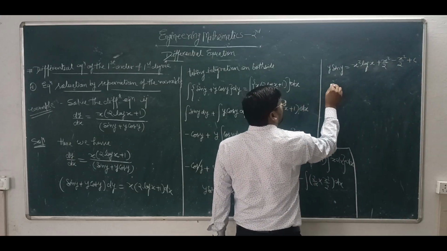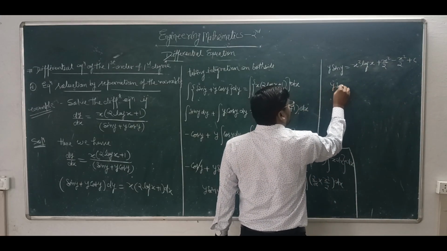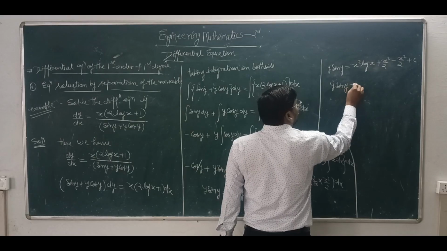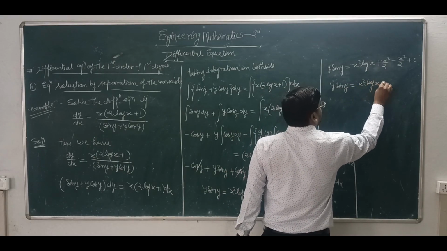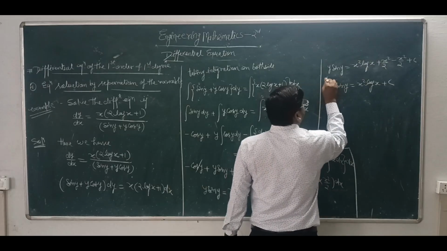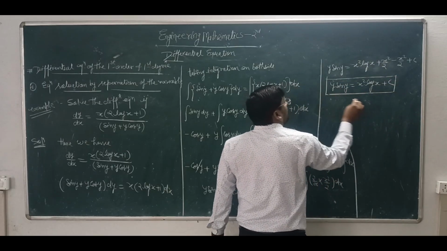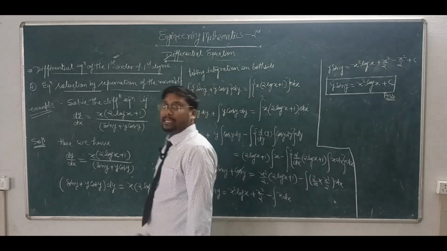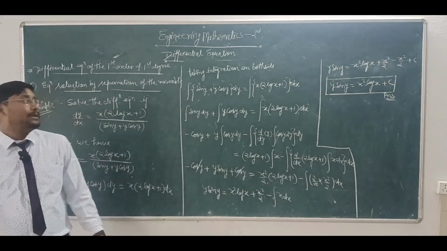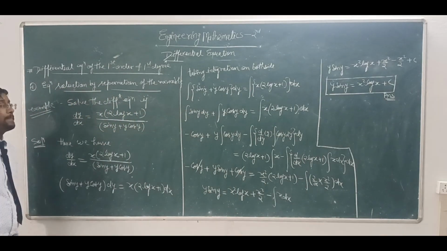Now you can write y sin y is equal to x square into log x plus c. This is a solution of the differential equation. You can note down, this numerical is important.